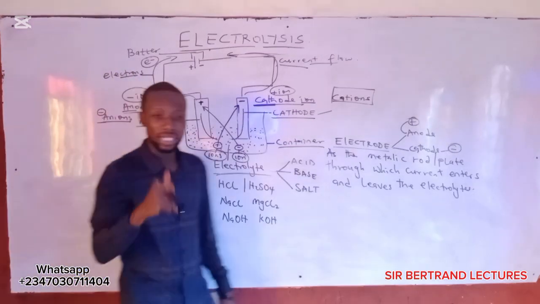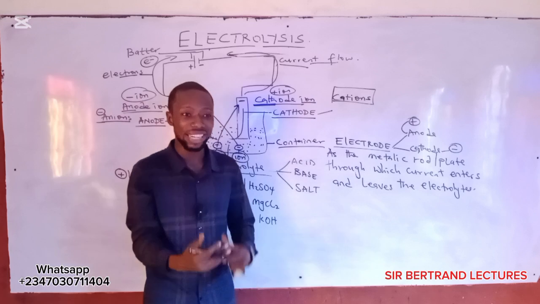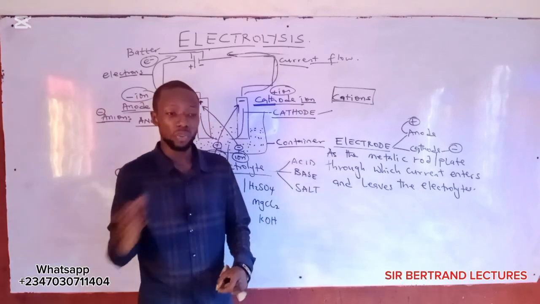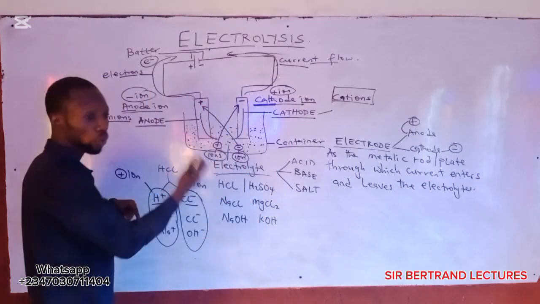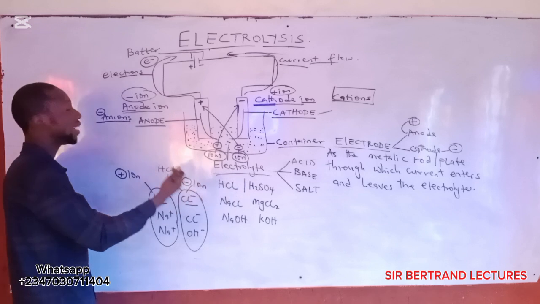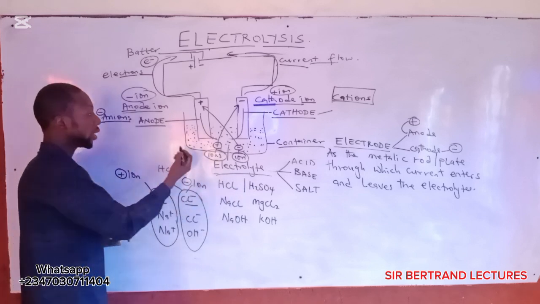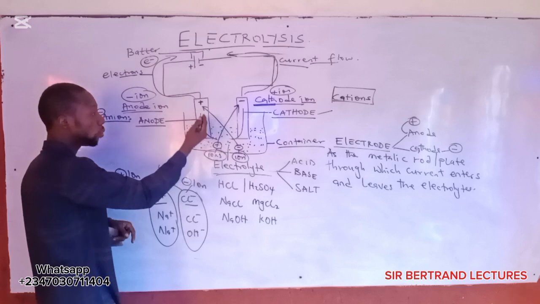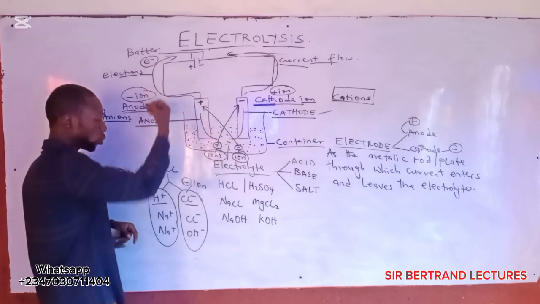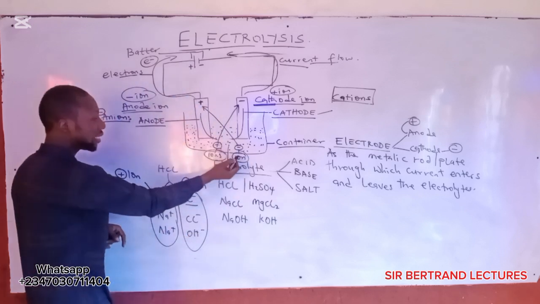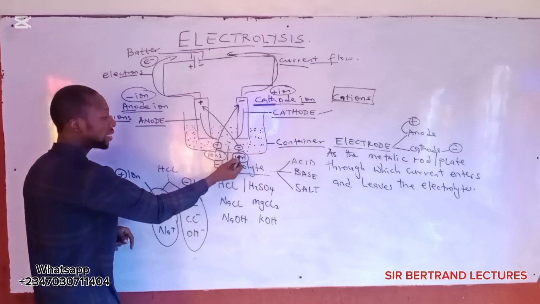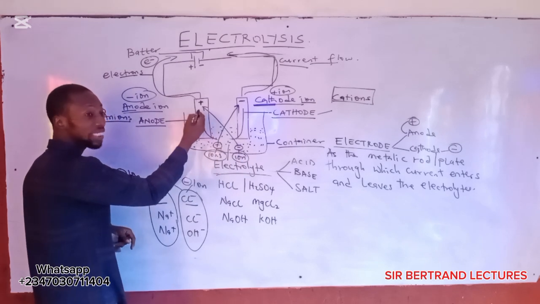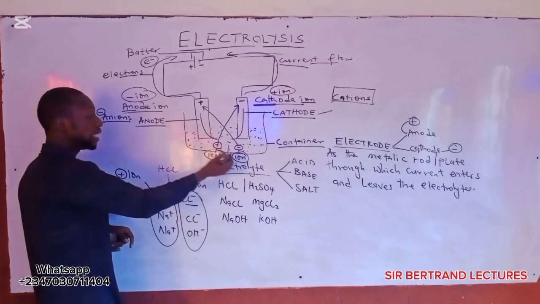Now in this electrolysis, we are going to look at oxidation and reduction. What is oxidation? Oxidation here is electron loss. The anode loses electrons. Why do they lose electrons? These anions are the negatively charged ions, so they are going to lose the negative charge.